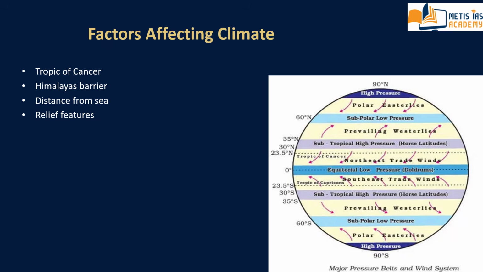For example, deserts like Rajasthan are very hot, while Himalayan regions remain cold, showing regional variation. Nature rarely operates through a single cause. Multiple forces interact.